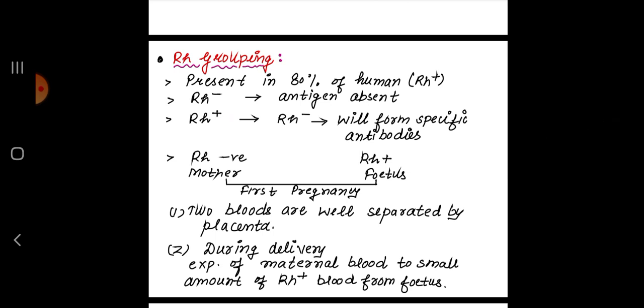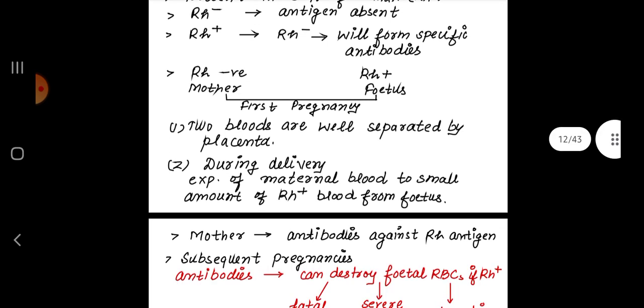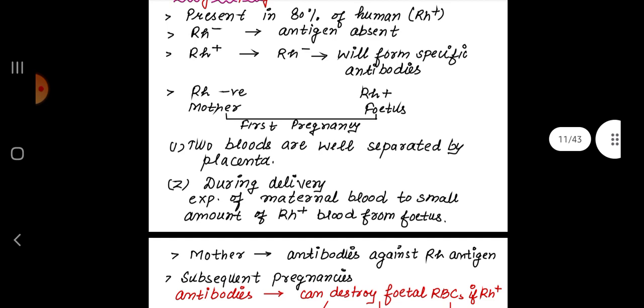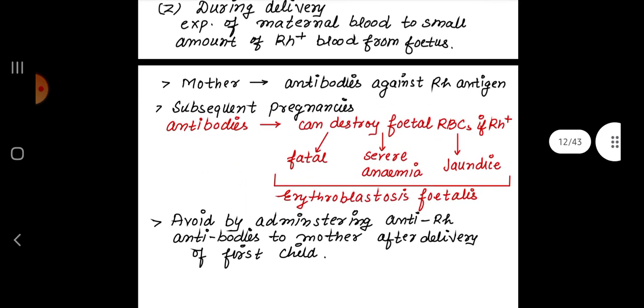Rh negative means the antigen is absent, and Rh positive means it is present. An Rh negative person will form specific antibodies if there is an Rh negative mother and an Rh positive fetus. In the first pregnancy, the two bloods are well separated by the placenta, but during delivery, the maternal blood is exposed to a small amount of Rh positive blood from the fetus. The mother will form antibodies against the Rh antigen.